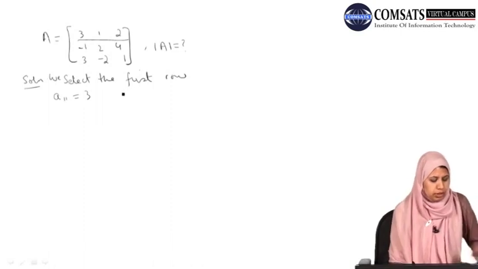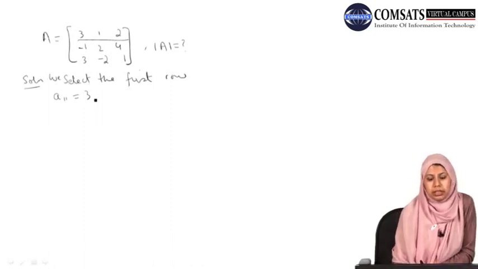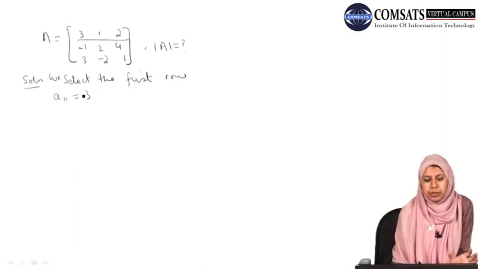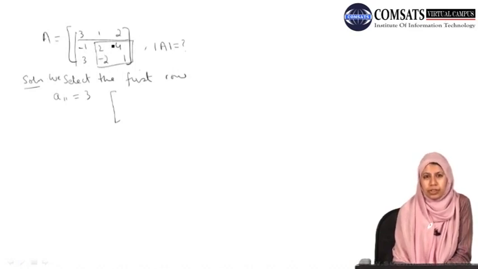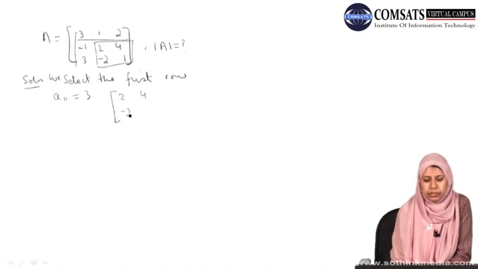Now the minor or the submatrix associated with this entry: we have to neglect the first row and the first column, and we are left with a matrix of order 2 by 2 with entries 2, 4, -2 and 1.